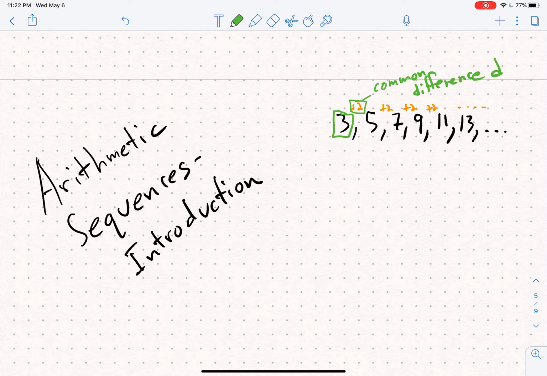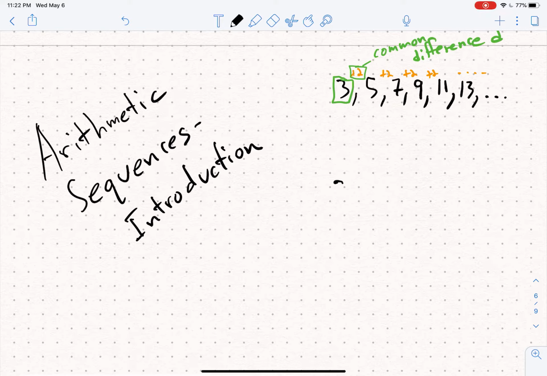In an arithmetic sequence, we always have an initial term A1 that's given to us. I'm going to make these black so they're easier to read. A1 has got to be given to us, so we need to know where to start. And then we have to give the recurrence relation.